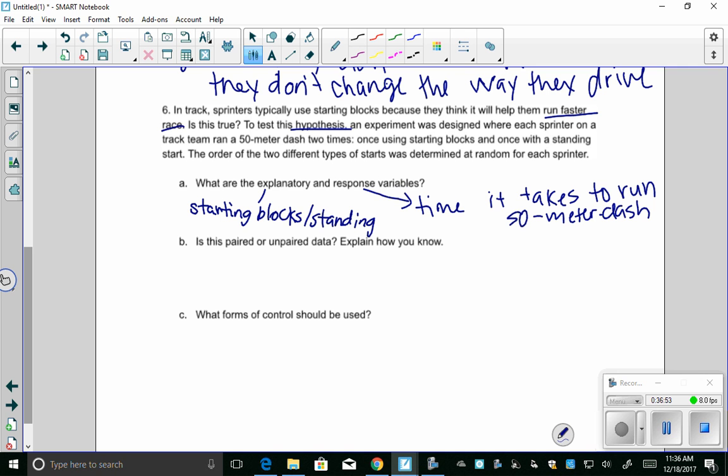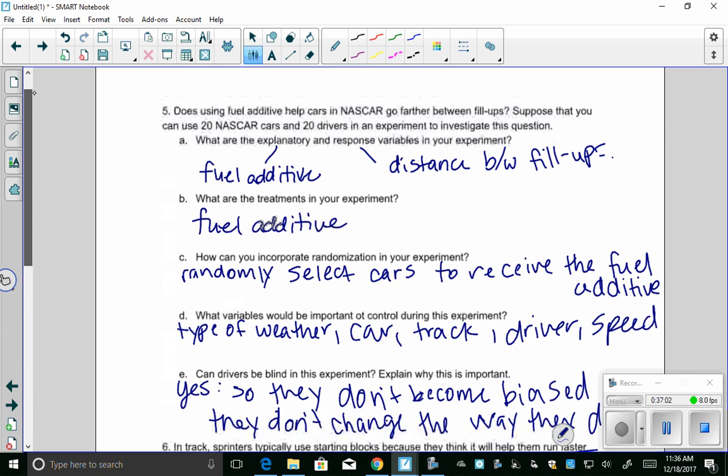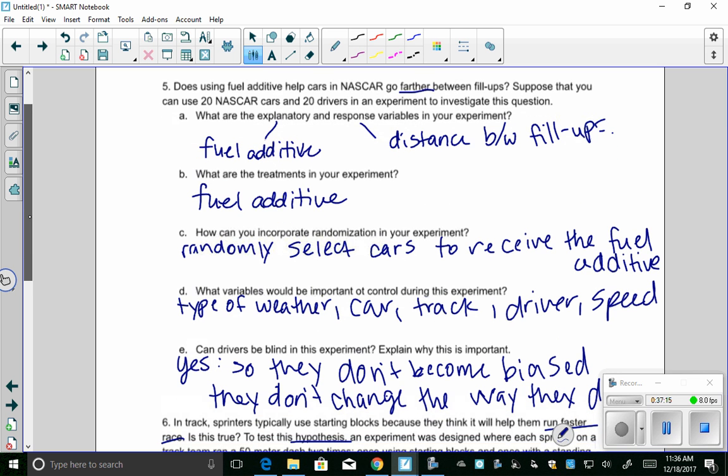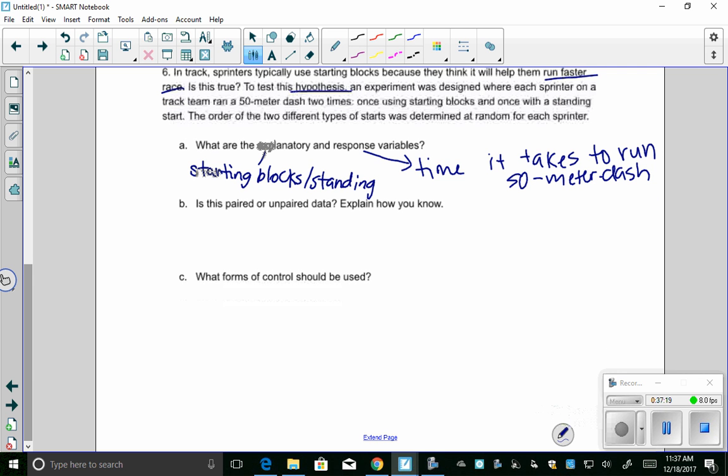So therefore, running faster means we're trying to get there quicker. Faster is time. When the other example up here, it was go further. Further indicates distance. Does that make sense, Dwayne? All right. So is this paired or unpaired data? Paired.